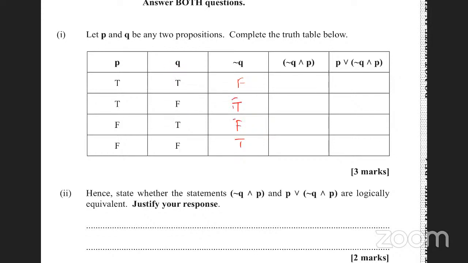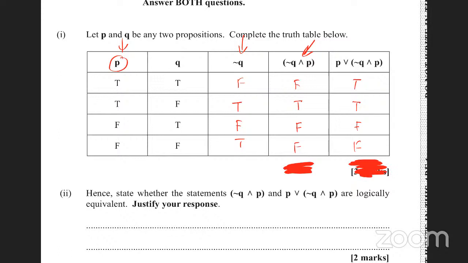Next one, negation of Q and P. So we're looking at this and this. False, true, false. Last one. So we're looking at P or that. What will you get? True, true. Are they logically equivalent?